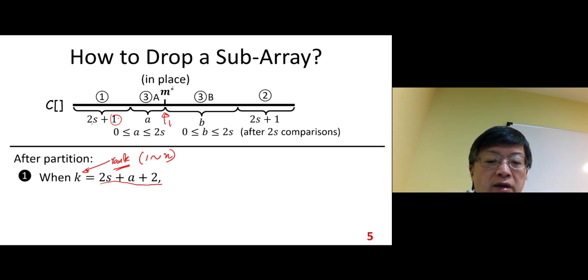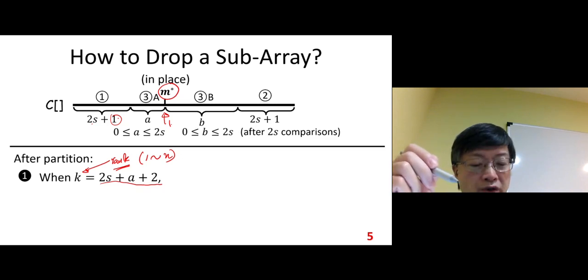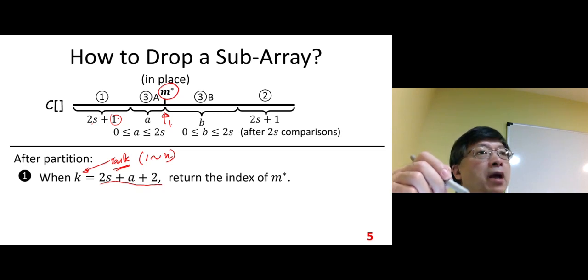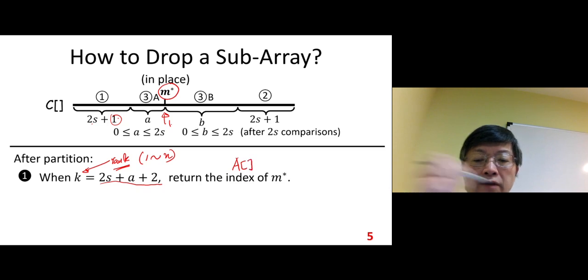That's exactly the rank of m star. So this k corresponds to m star, and we should return the index of m star in the original A array. That's case 1, the simplest case.